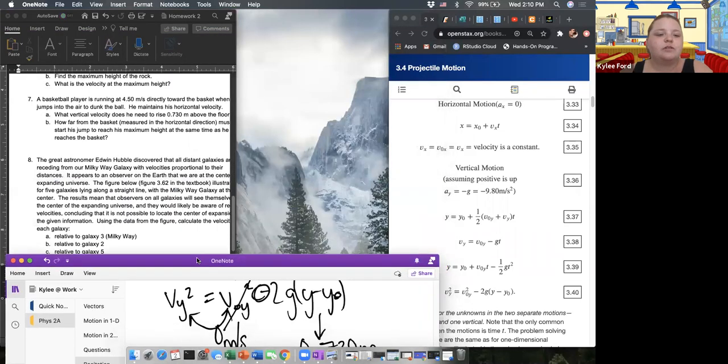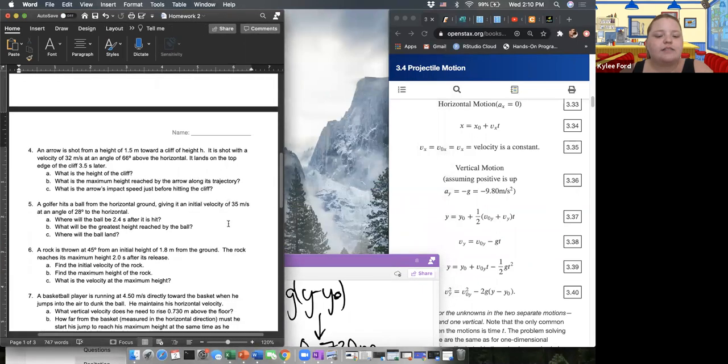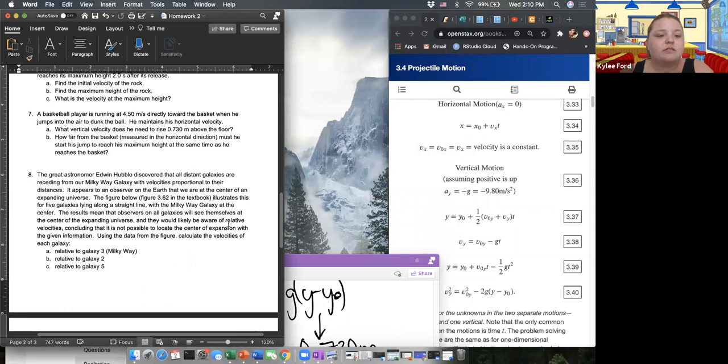Where is the hoop? Is the hoop at the same height that was given to us? It doesn't say. Maybe it is. I would assume so.